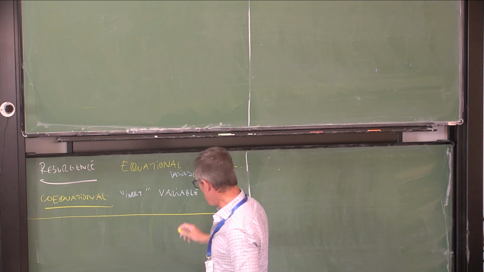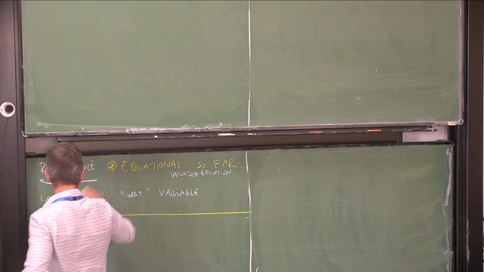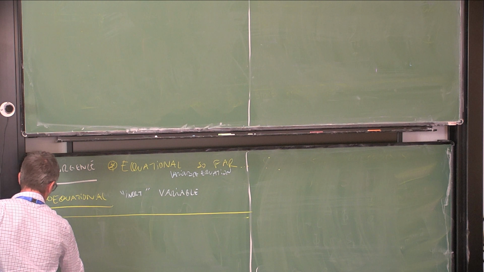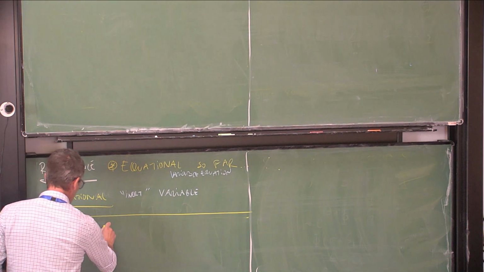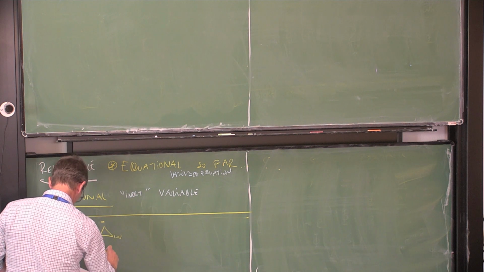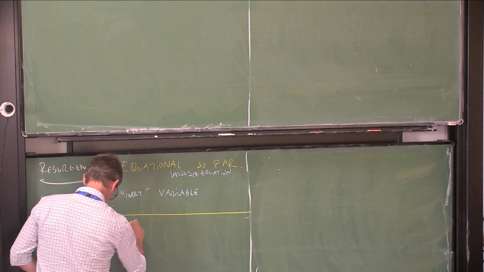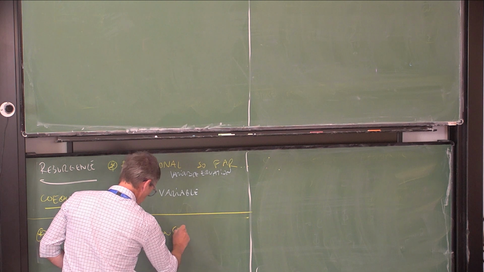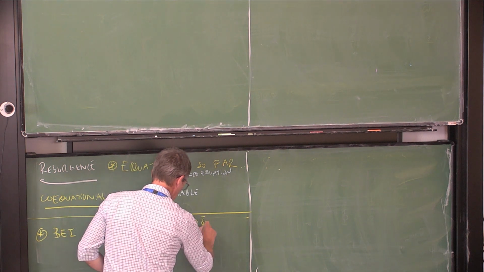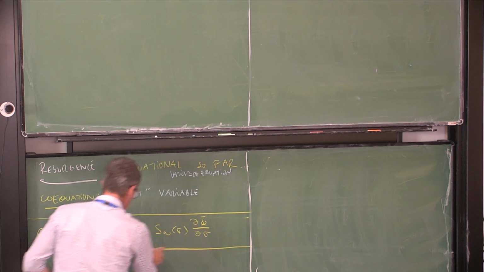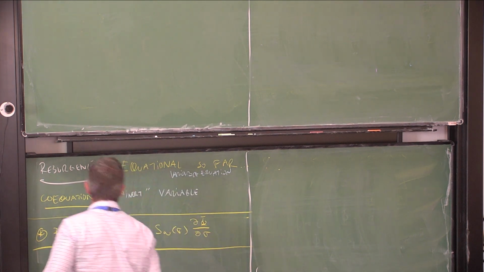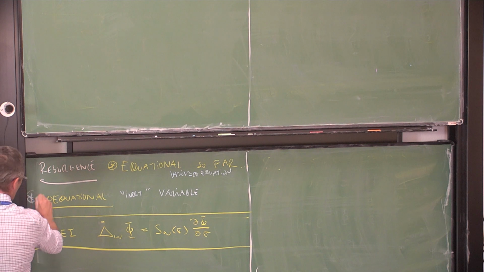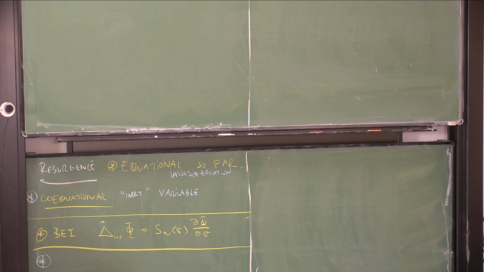So what we have in equational resurgence, we had what I called at the time bridge equation 1, which was basically this object. Let me just write it like that. But if I want to do now coequational, I get two new bridge equations, very schematic.